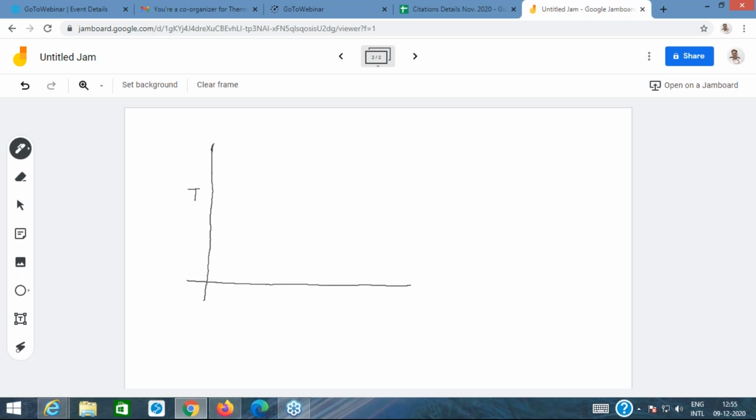So I'm now going to represent this cycle on a temperature entropy diagram. Right, so this is a vapor dome which I have drawn. And what is this which I have drawn on the vapor dome?